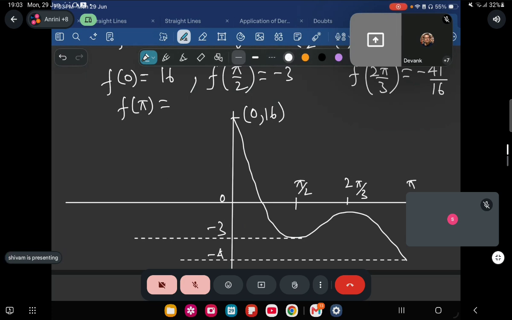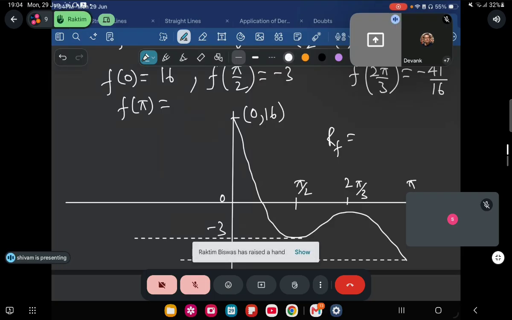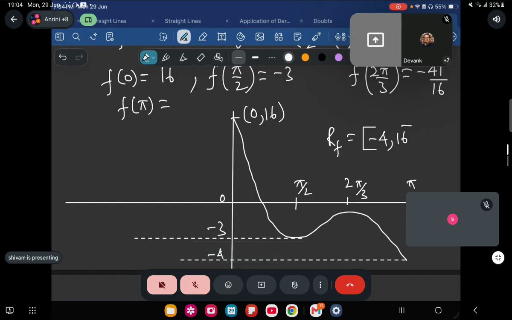So can someone tell me what is the range of this function? Yes, Raktim, tell me. Minus 4 to 16, closed.